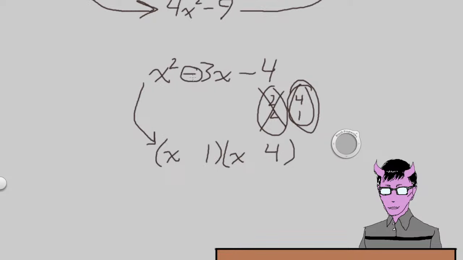So this tells us that the larger of the two terms is going to be negative. So this one is going to give us 4x, and this one gives us positive x. Therefore, the negative belongs on the 4, and the positive belongs on the 1. This is just review, one at a time.